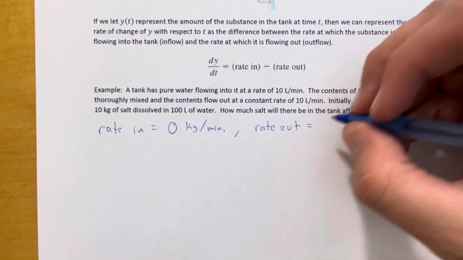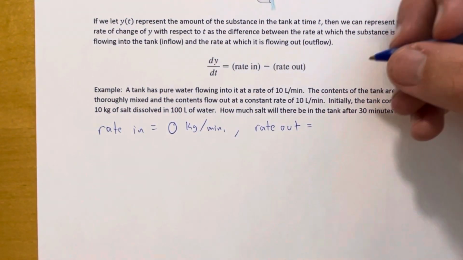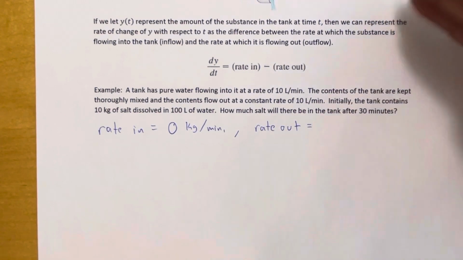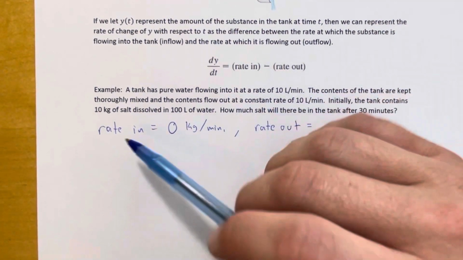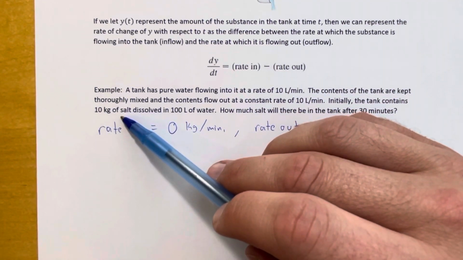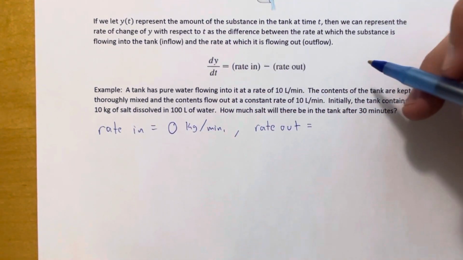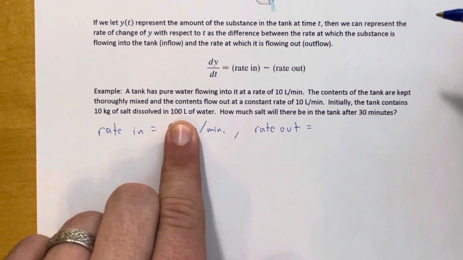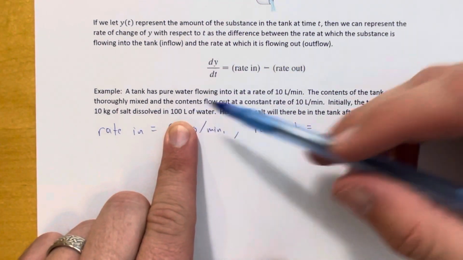Okay. So how do we determine a rate like this? Well, first of all, we want to know what the concentration of salt is in the tank. We're told that there's 10 kilograms of salt dissolved in 100 liters of water initially, and that's going to change over time. But the 100 liters of water is the thing I want to pay attention to initially.